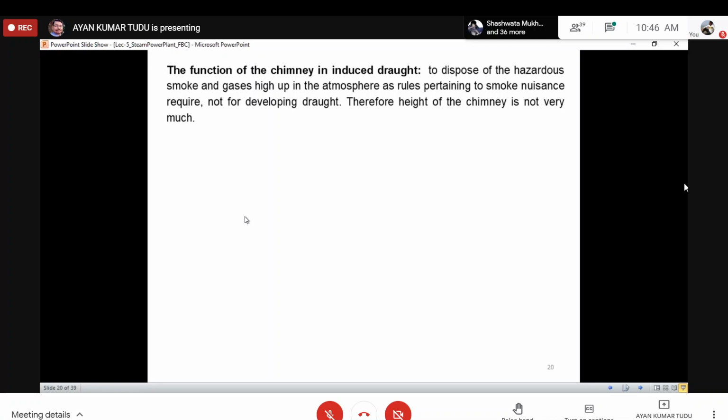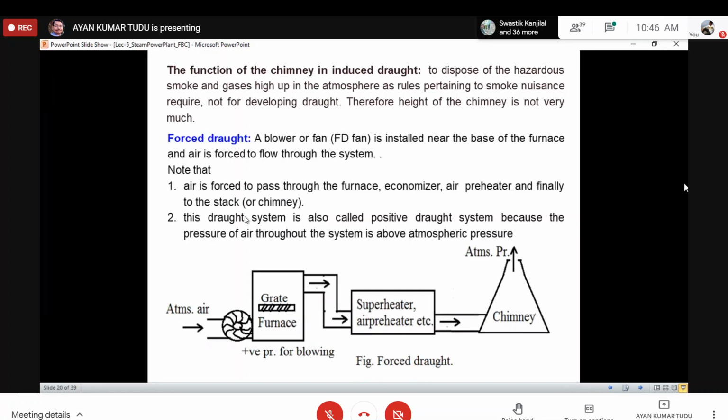Understood? Okay, so next we had our forced draught. In forced draught, the blower of the FD fan is installed near the base of the furnace, and air is forced to flow through the system.